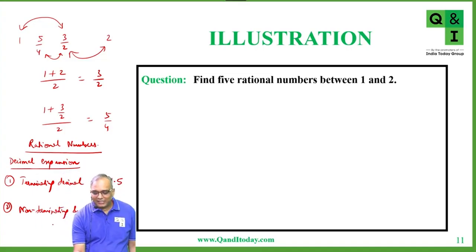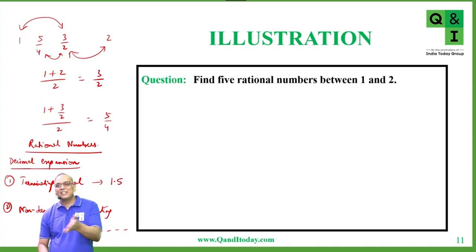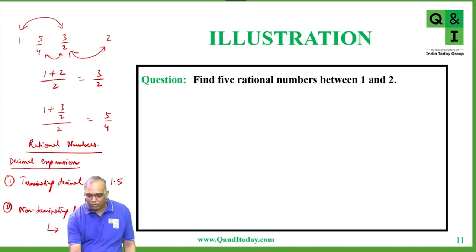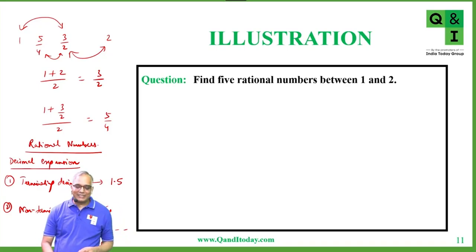And non-terminating and repeating is, for example, 0.3333 and so on. This is not terminating, but it is repeating, right? Which can also be written as 0.3 with a bar over it. Yes, repeating and recurring are the same.